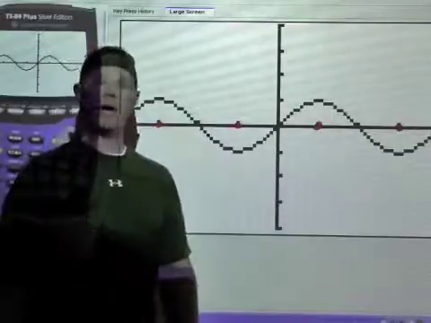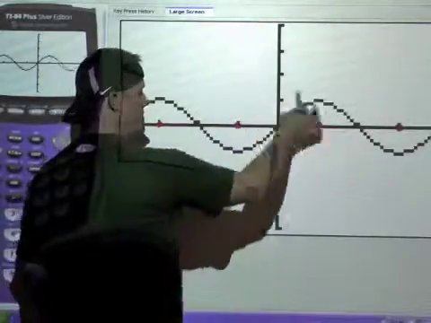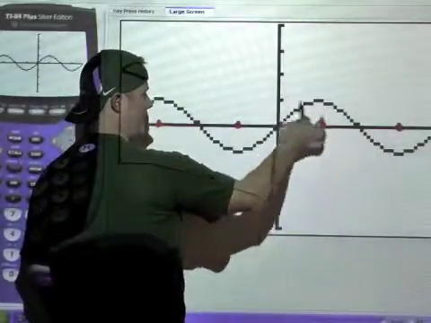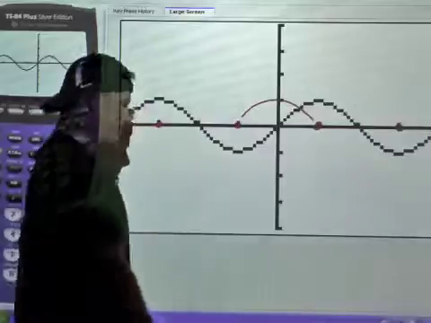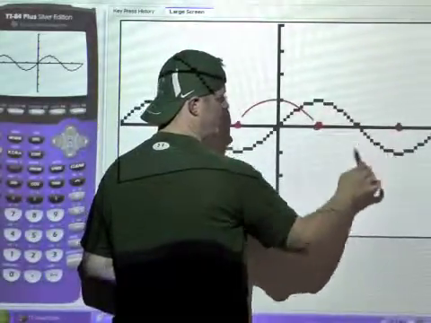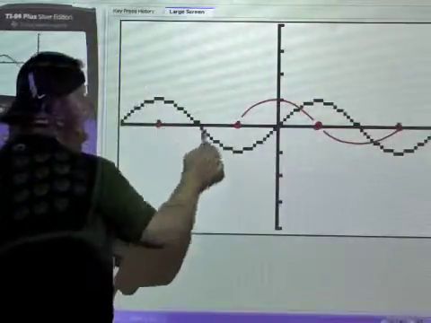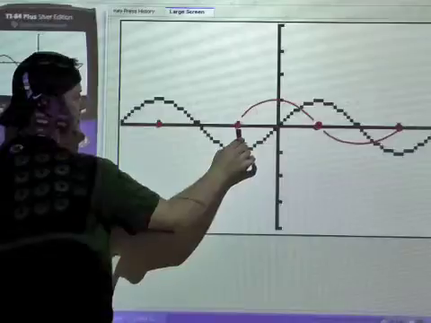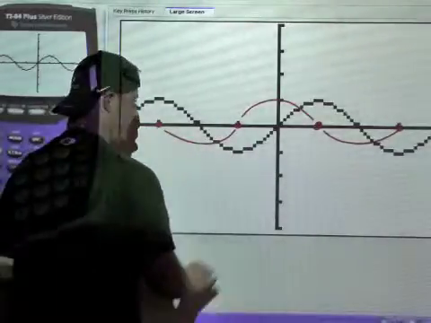So that means it has a positive slope, which means the derivative is positive. So the derivative is going to connect the dots, but it's also going to be positive the whole way. So we maybe sketch something that looks like that. Between these two dots, the function is decreasing, so we would expect a negative derivative. And between these two dots, the function is decreasing, so we'd expect a negative derivative. So that's what we would expect to see.